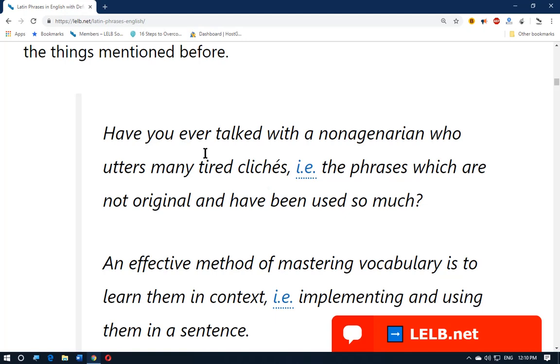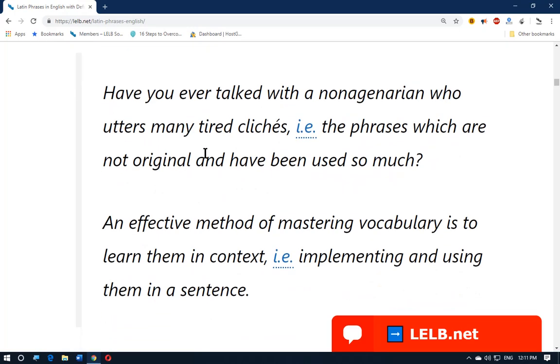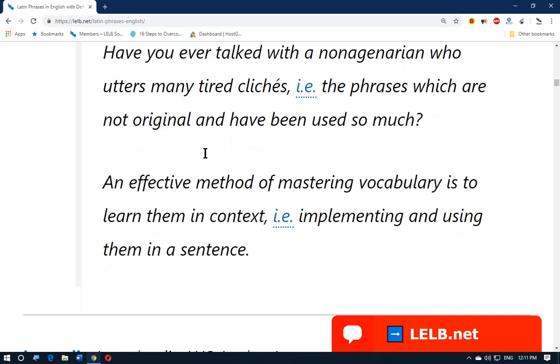Have you ever talked with a nonagenarian, a very old man or woman, actually, who speaks many tired cliches? That is, the phrases which are not original and have been used so much. Trite, or banal.